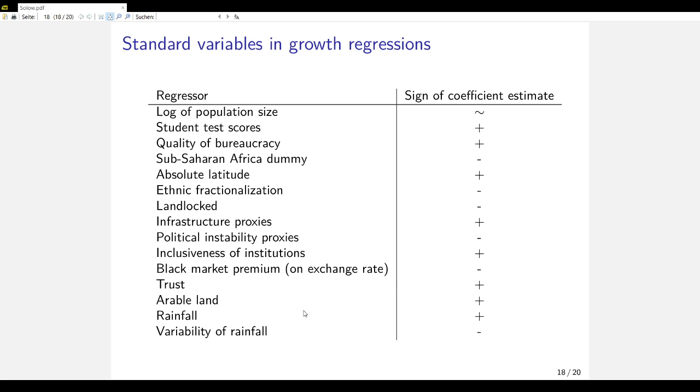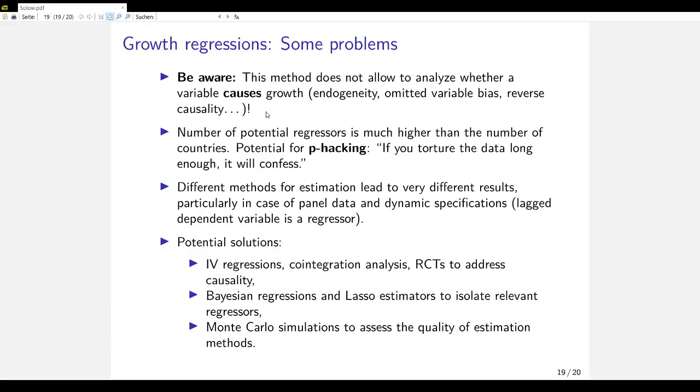Now, however, there comes a loud warning, because we should always be aware that this method of these convergence regressions that were popular in the 1980s and 1990s does not allow us to analyze whether a variable really causes economic growth. And there are many issues why it should not.